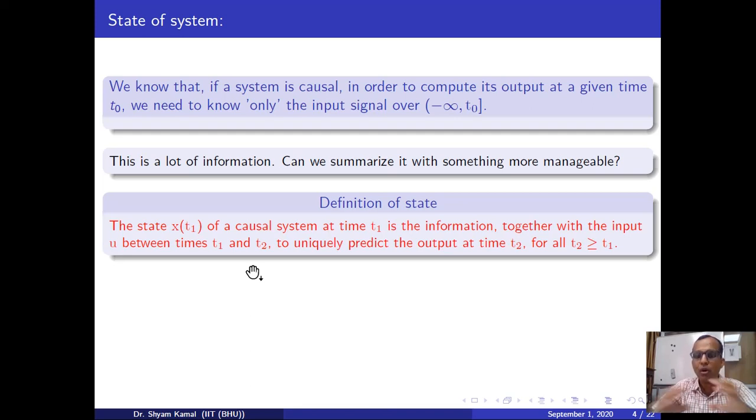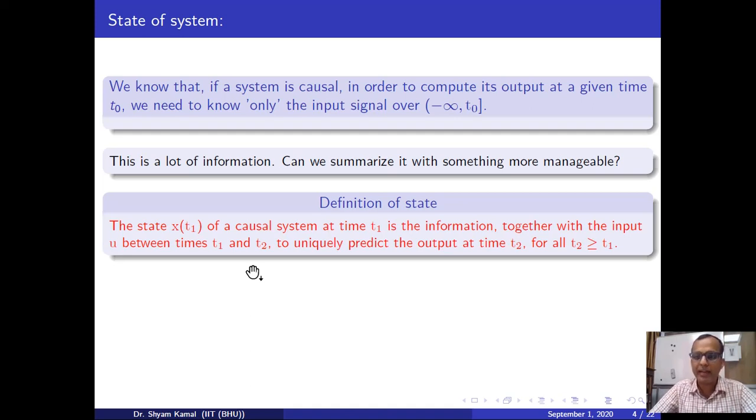So we have to know all the input. So what we are saying is that a state x(t1) of a causal system at time t1 is the information which, together with the input u between t1 and t2, uniquely predicts the output at t2 for t2 greater than t1.